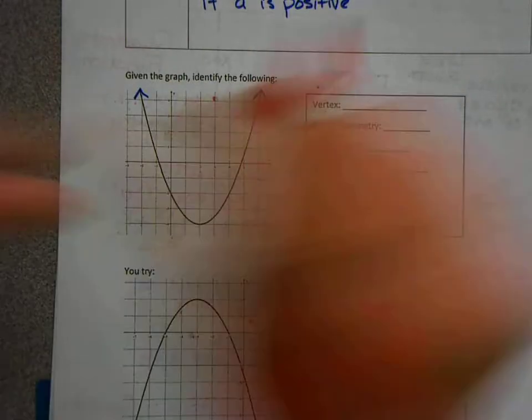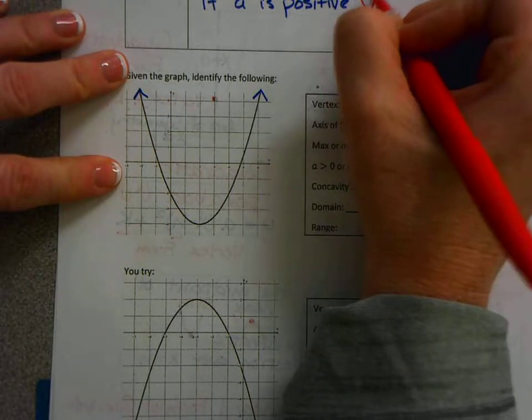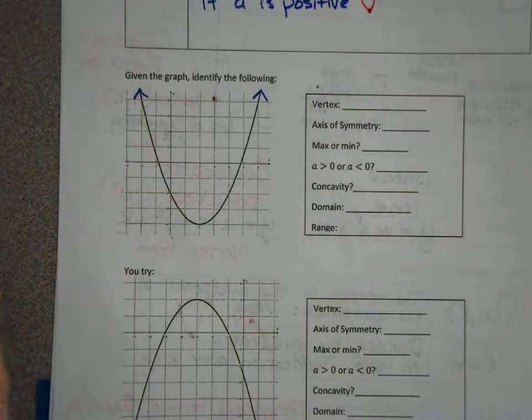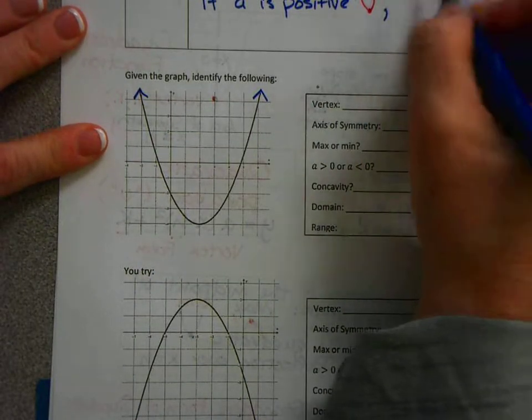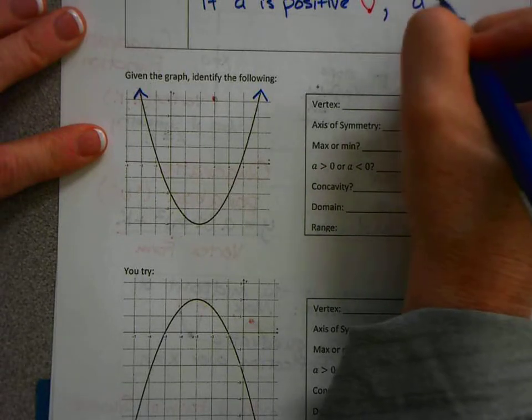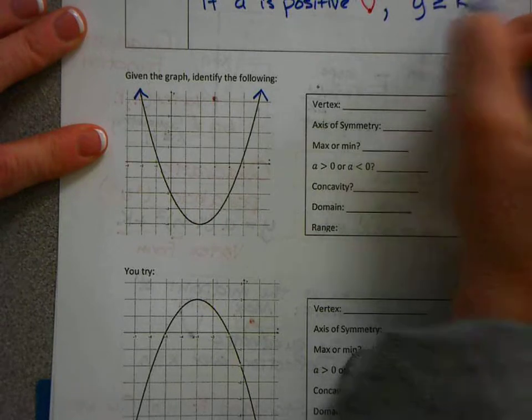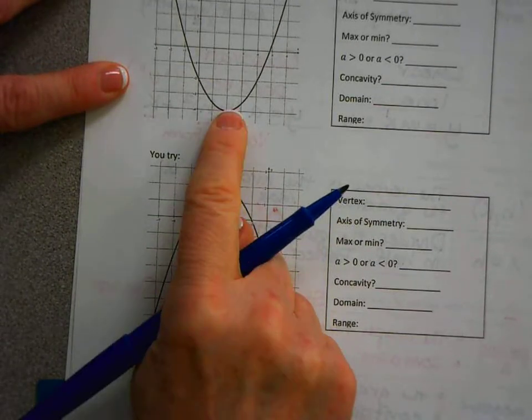A is positive, then the graph is facing up, right? And what we find is we have a minimum y value, and our range will be all y is greater than or equal to k. It does exist at -4, but it doesn't exist anywhere below -4.